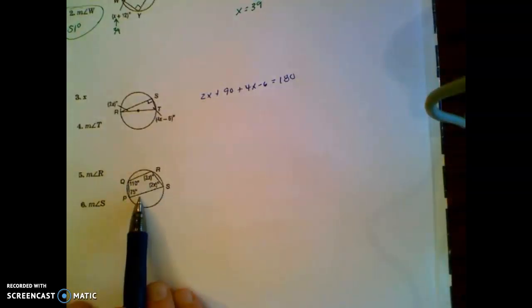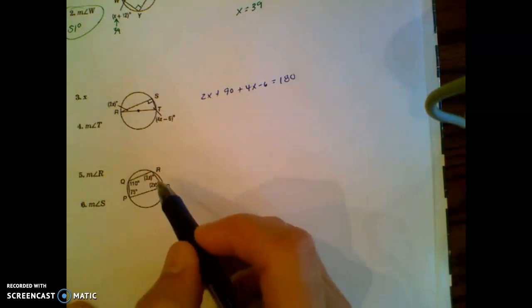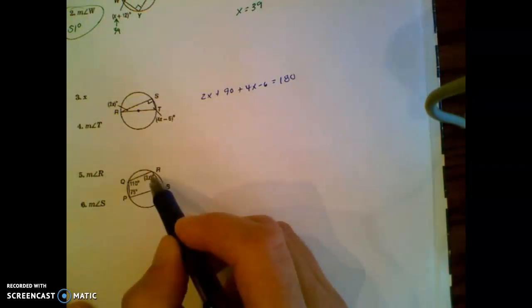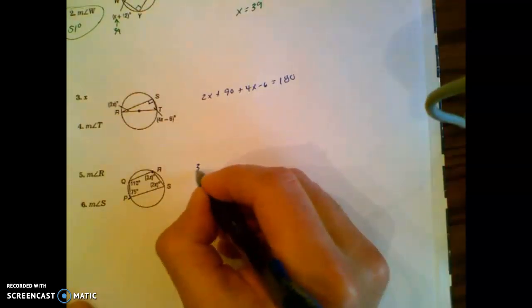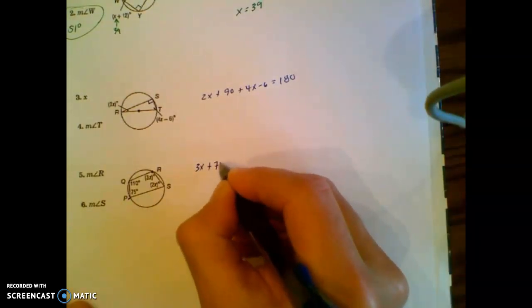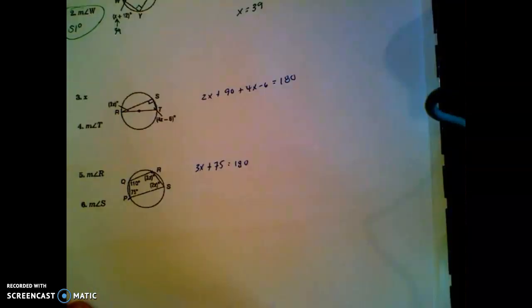Here I have an inscribed quadrilateral. Again, what you need to remember about this is opposite angles are going to be supplementary. So I'll start with R because it wants me to find R. So that means this angle here is opposite this angle here. So that corollary says that these are always going to add up to 180.